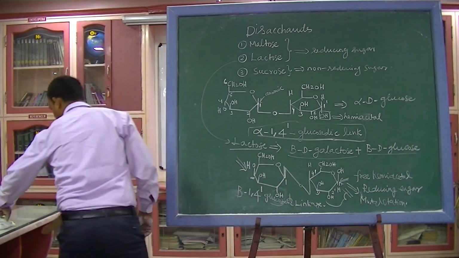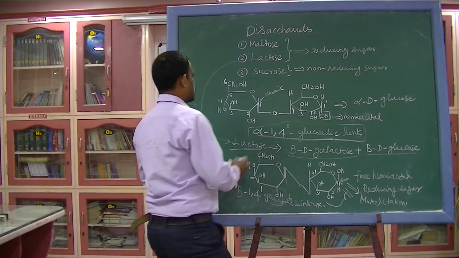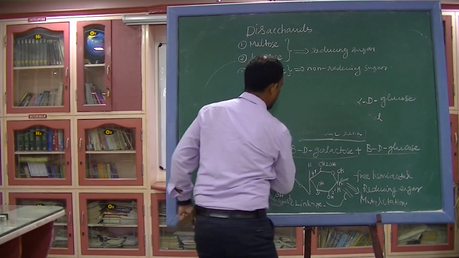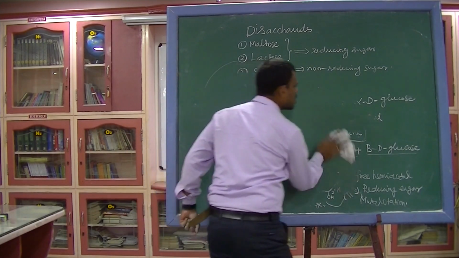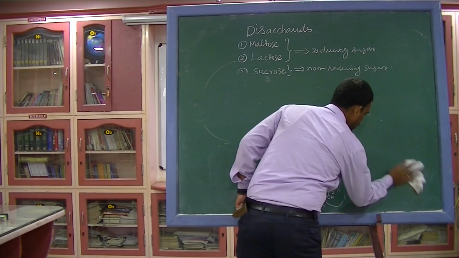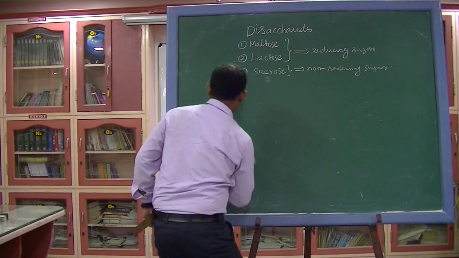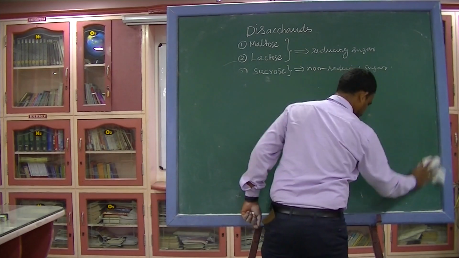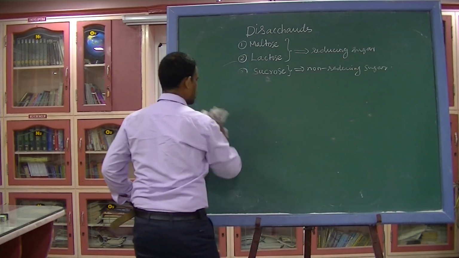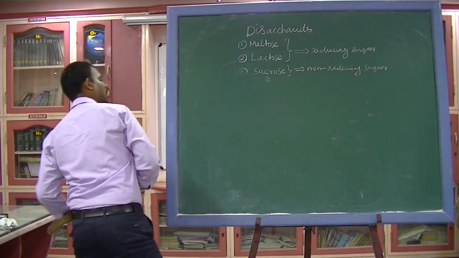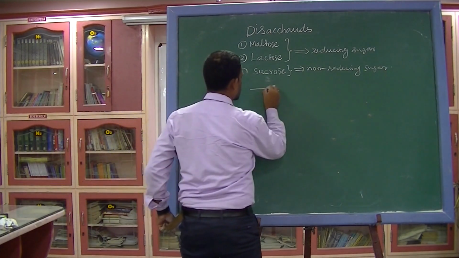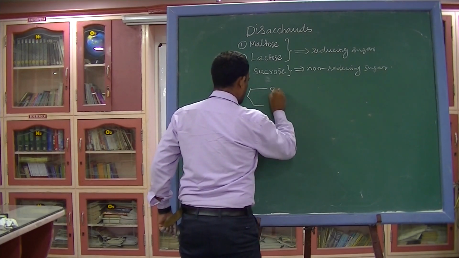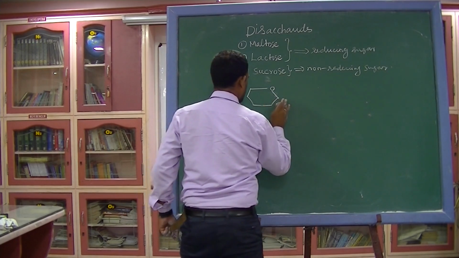Now the most important is sucrose. Again it's another disaccharide. It has two subunits linked by a glycosidic linkage. So this is the structure of sucrose.